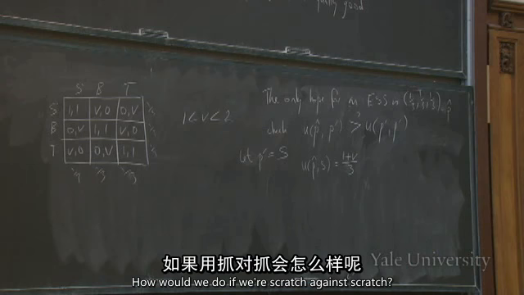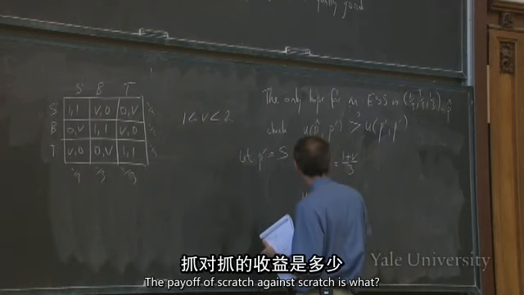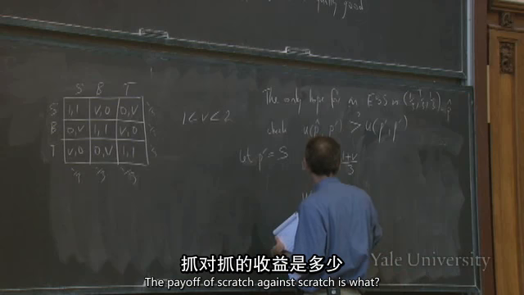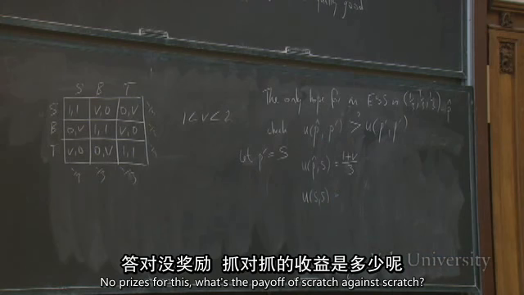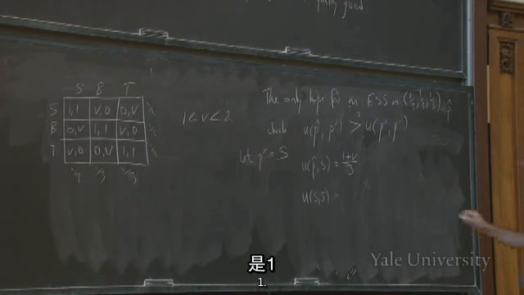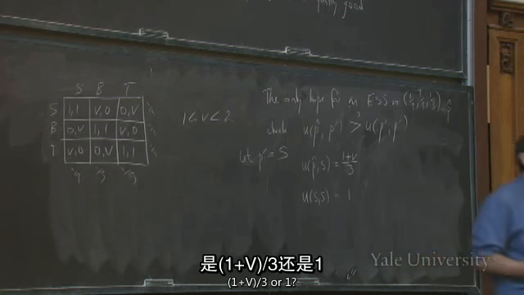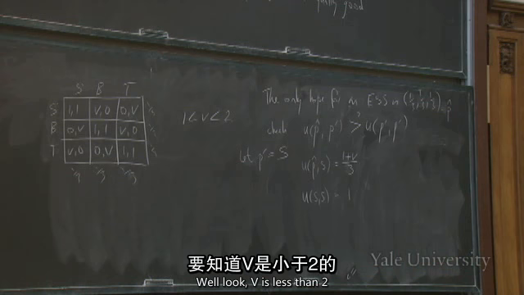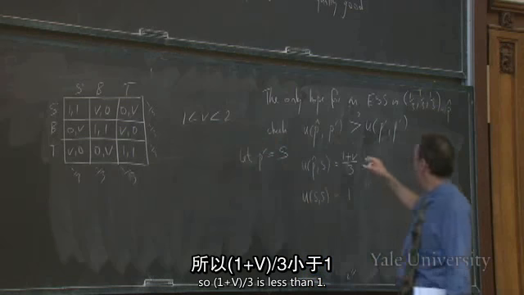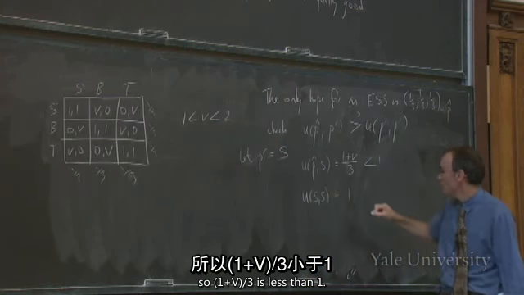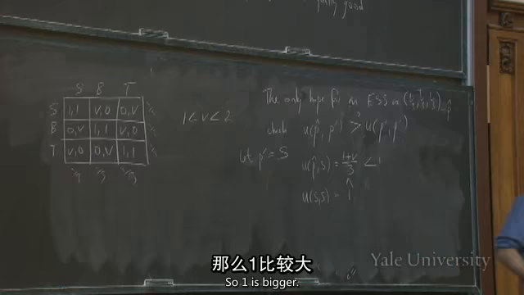All right? How do we do if we're scratch against scratch? What's the payoff of scratch against scratch? 1. Which is bigger, (1 plus V) on 3 or 1? Well, look, V is less than 2, so (1 plus V) on 3 is less than 1, so 1 is bigger.